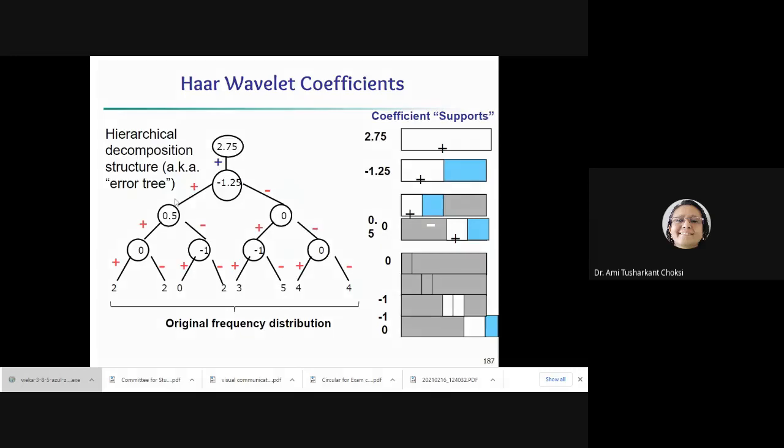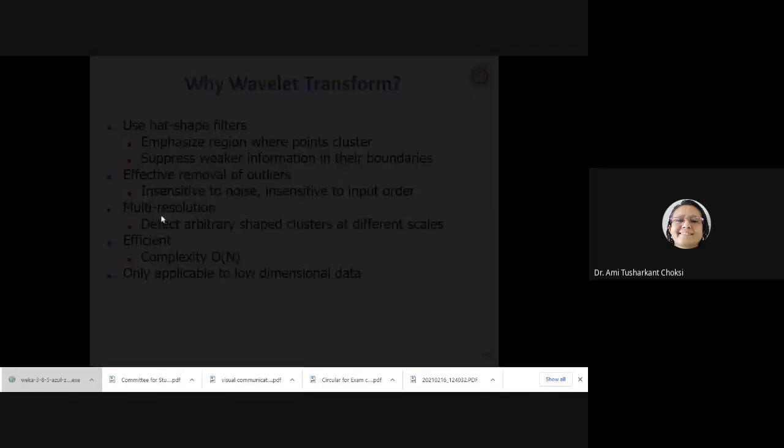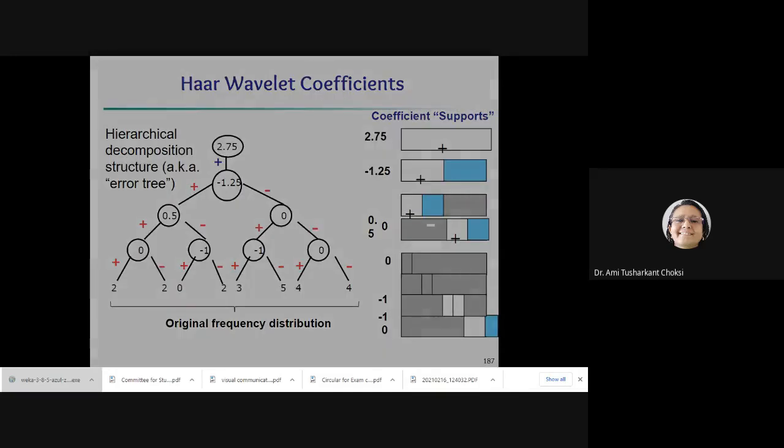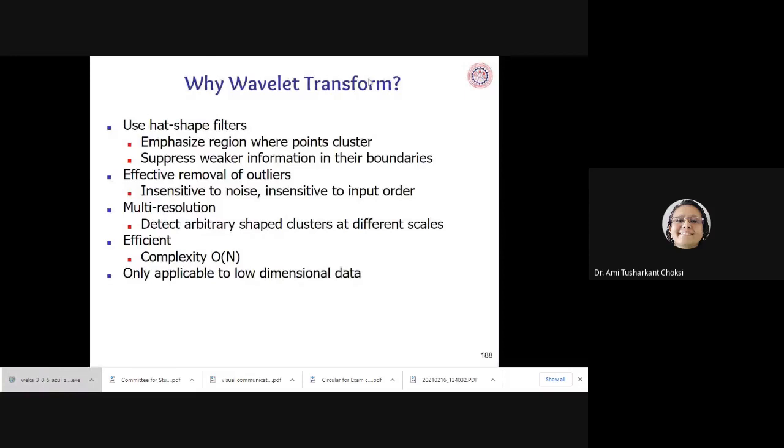So these are the Haar wavelet coefficients. What we considered was the wavelet transform only. Now that we have represented it in the form of a hierarchical structure, it is called Haar wavelet coefficients. Why do we use the wavelet transform? It uses the high-pass filters. It emphasizes regions where points cluster.